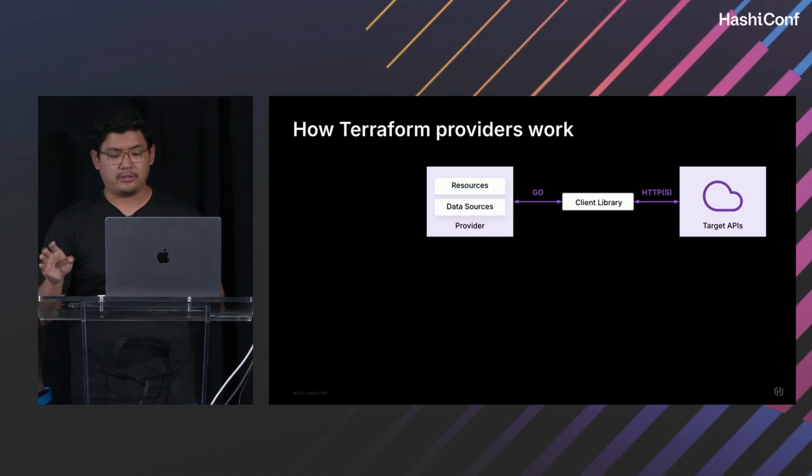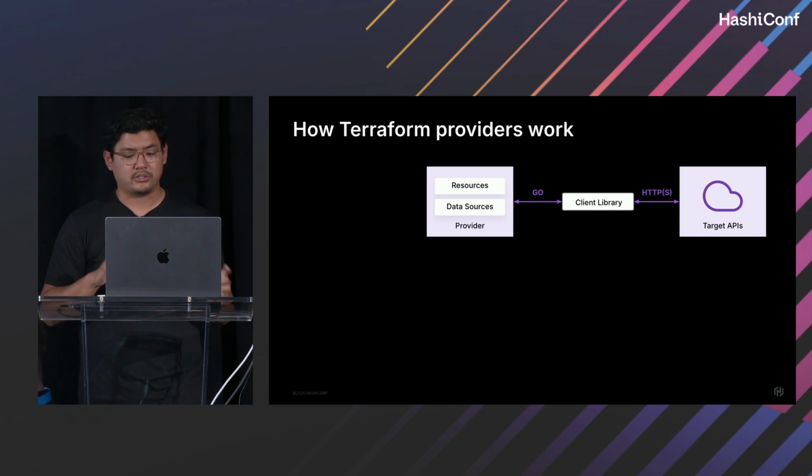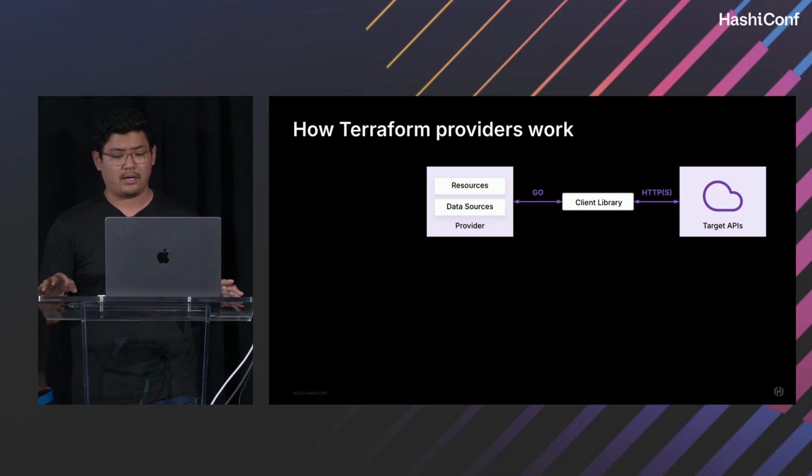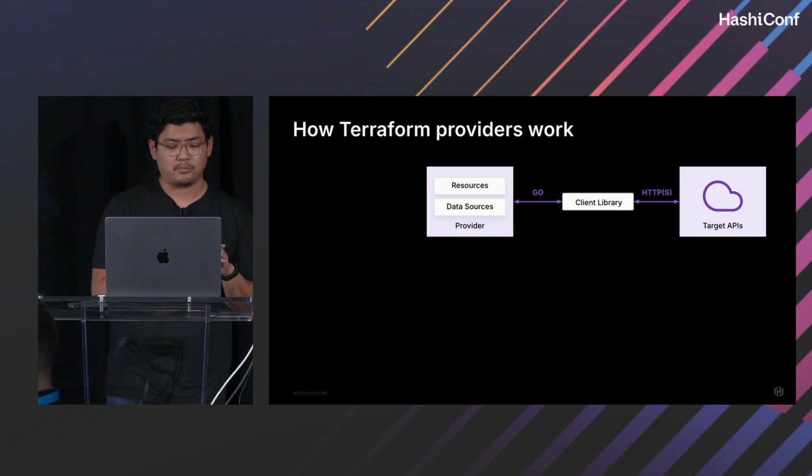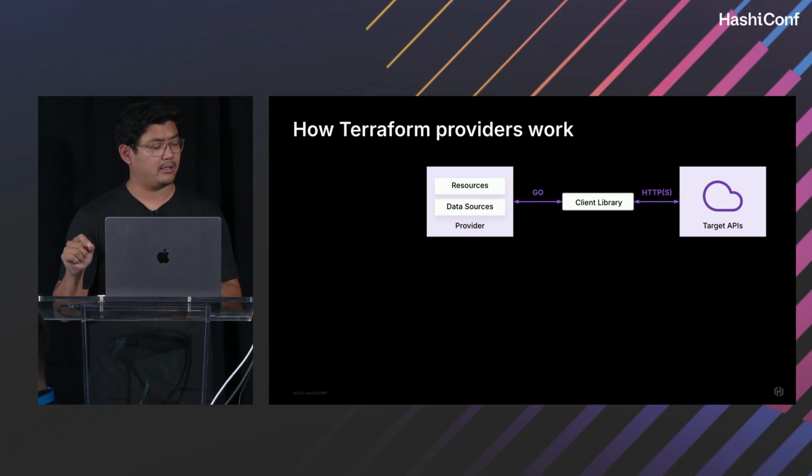The other thing that you need to know here is the provider should not actually be interacting directly with the target API. We don't recommend that. We highly recommend providers to just have enough code to interact with the client library. The client library should be where all your logic exists to interact with the target API.